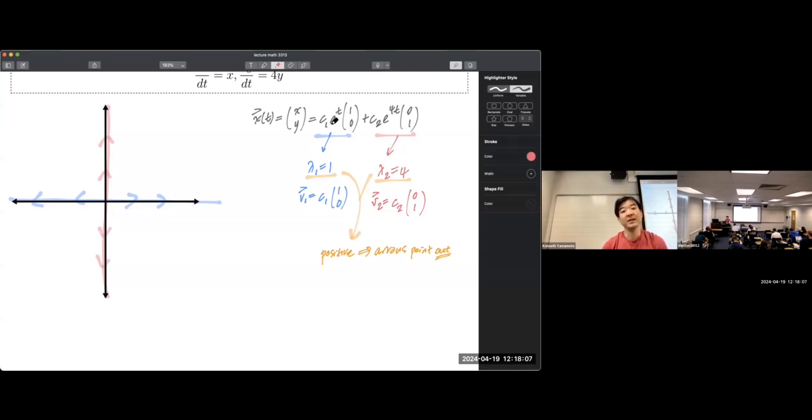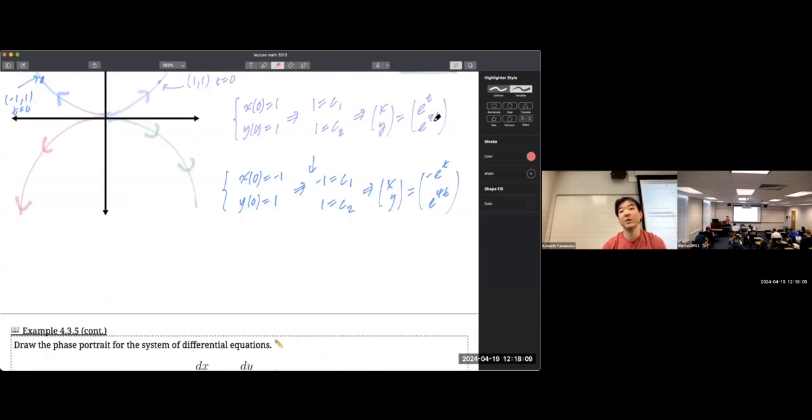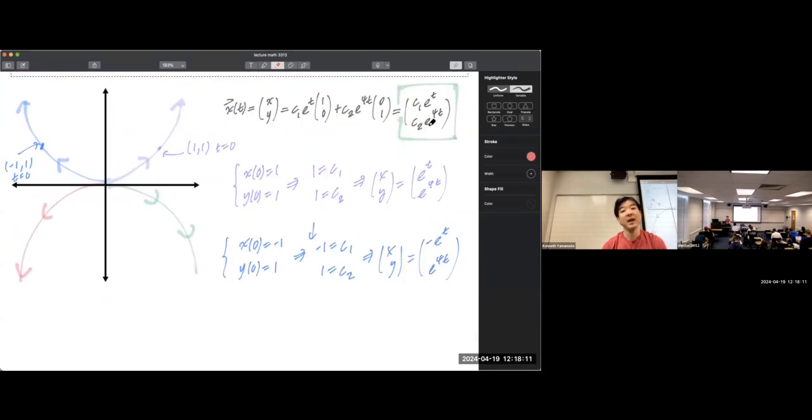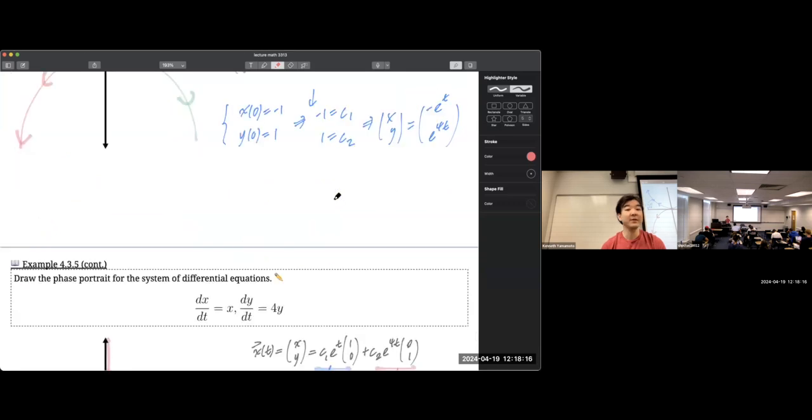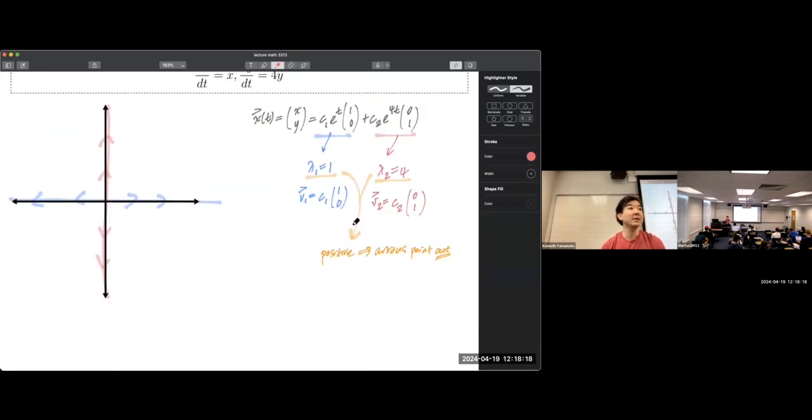It comes from the fact that this is e to the t and this is e to the 4t. So when you're in positive time, both of the coordinates are blowing up, so they have to go out. It's always going to follow that process. So that's going to make the arrows point out.